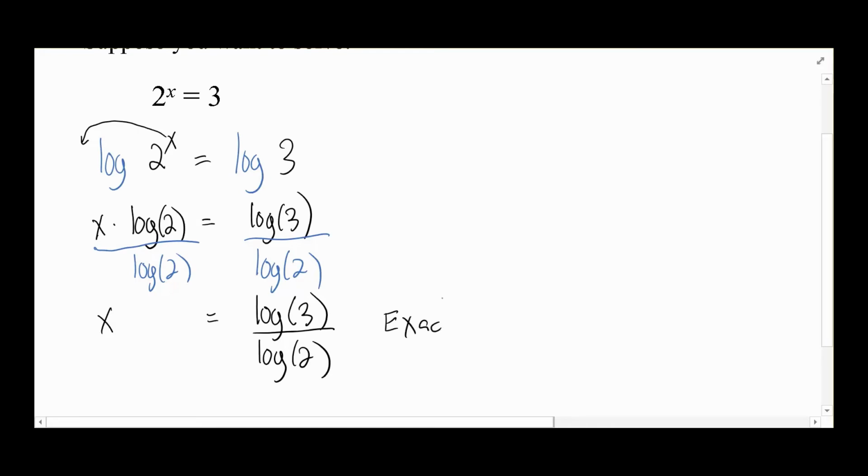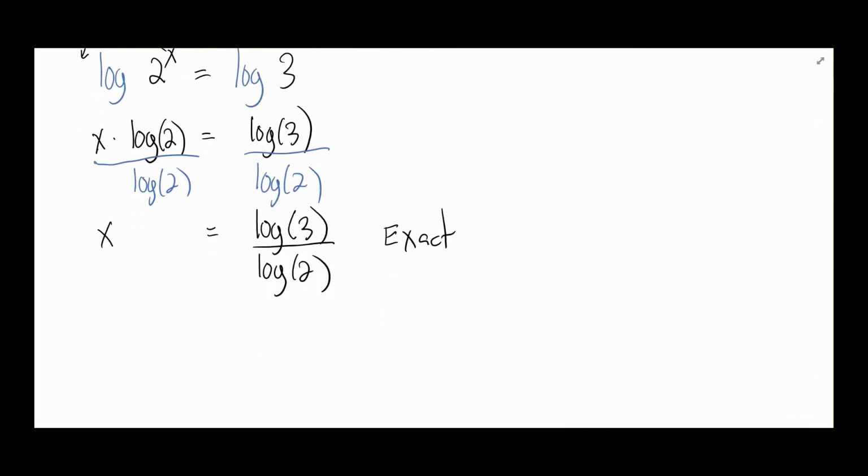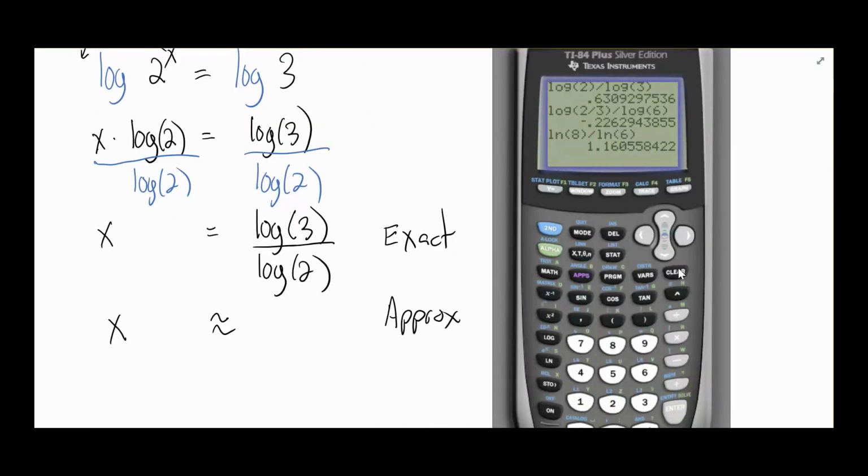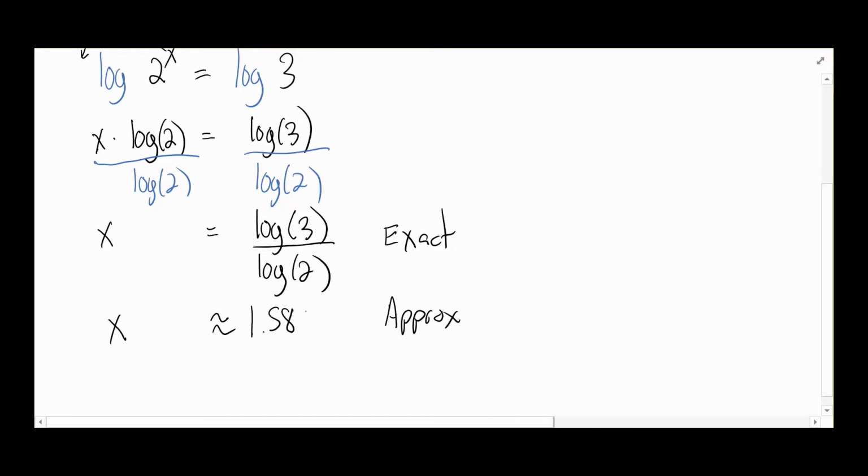Now, this is an appropriate exact answer, and if we did want to put this in the calculator to get an approximate solution, we would just type in log 3 divided by log 2. We're going to get 1.5850. And there's the approximate solution to a problem like this.